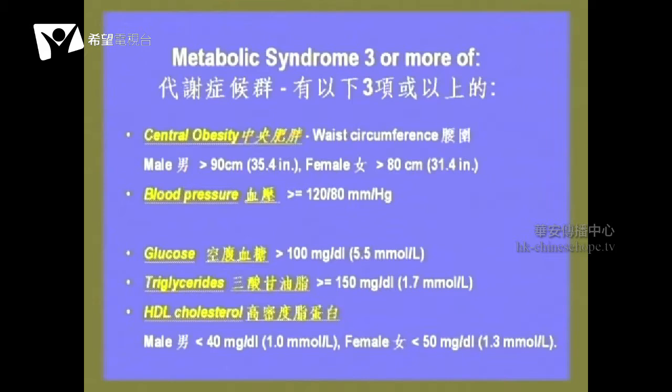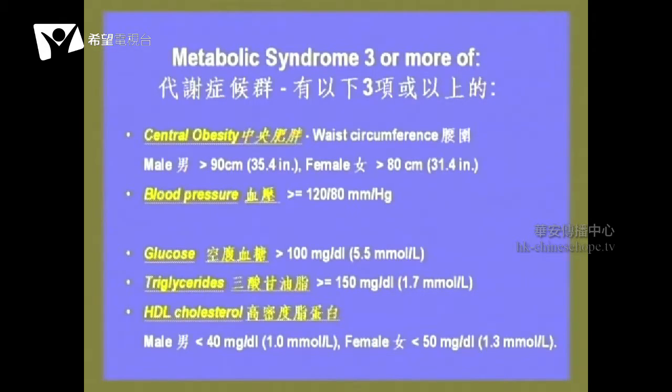Another point would be a blood pressure over 120 and 80. For blood glucose, the value should be over 5.5 millimoles per liter.